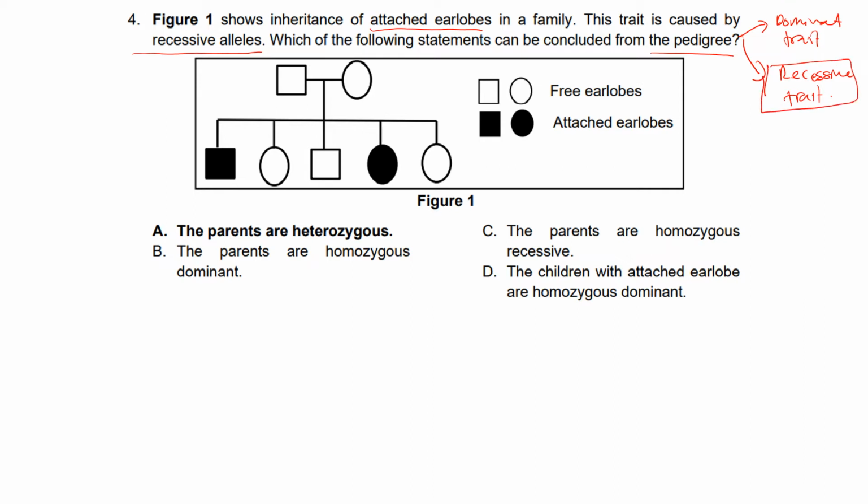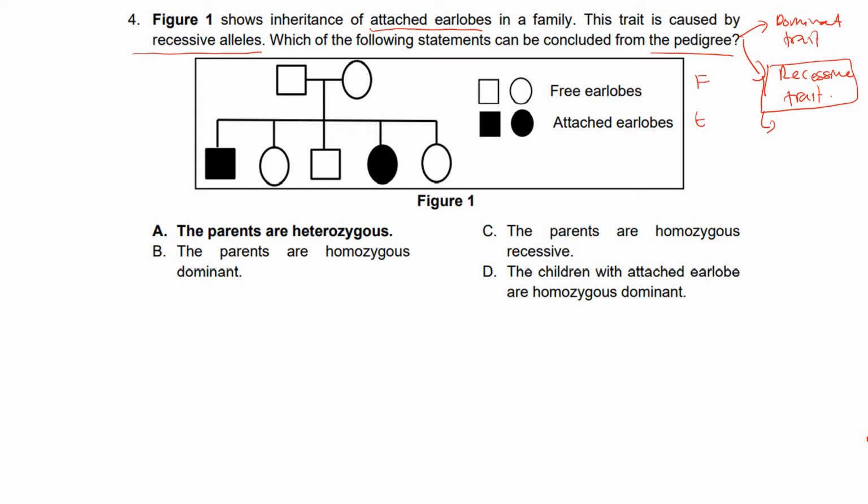In order to analyze this pedigree, if an individual has attached earlobes, that means they are homozygous recessive. Let's say we assign 2 different alleles: capital F for free earlobes and small f for attached earlobes.